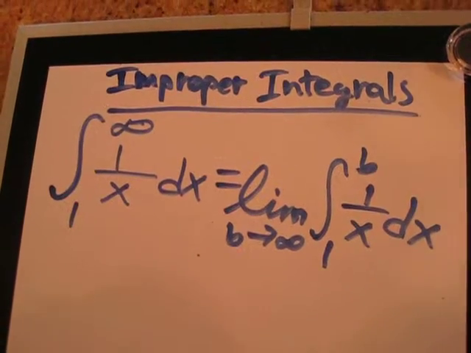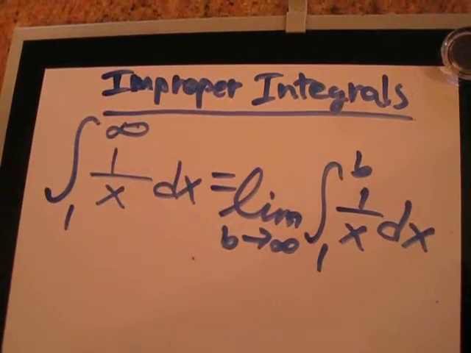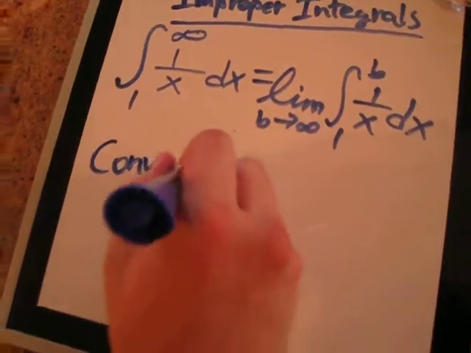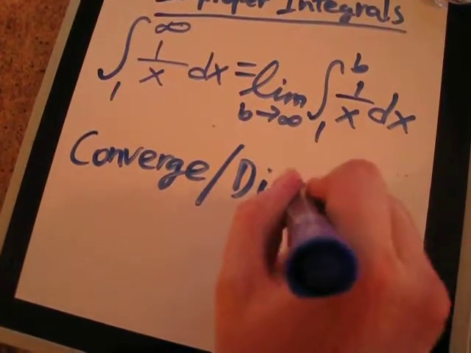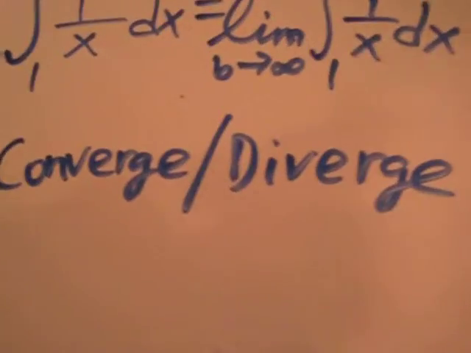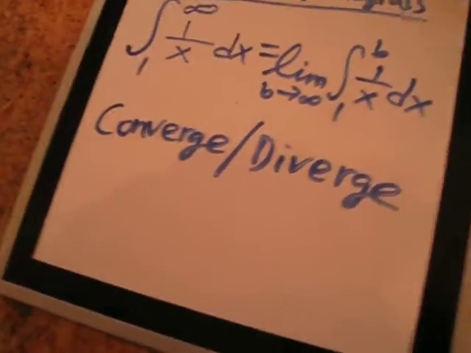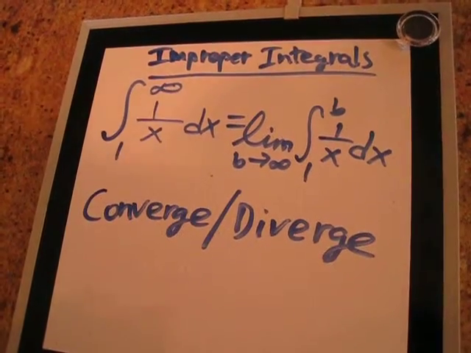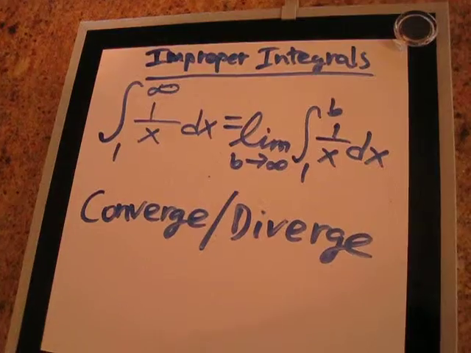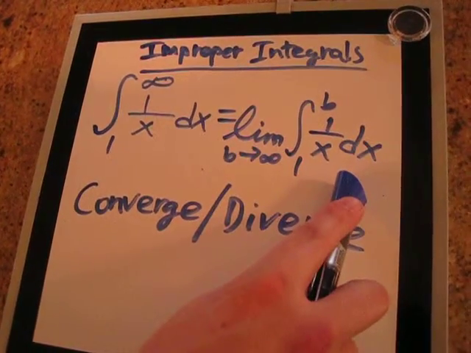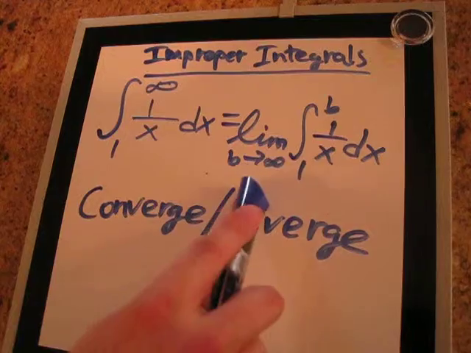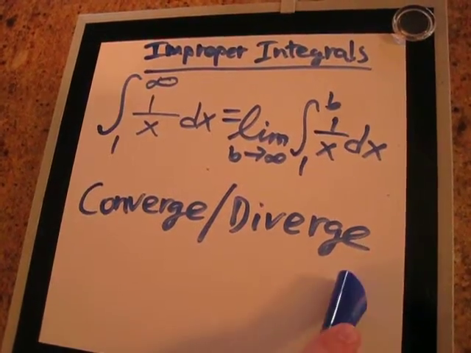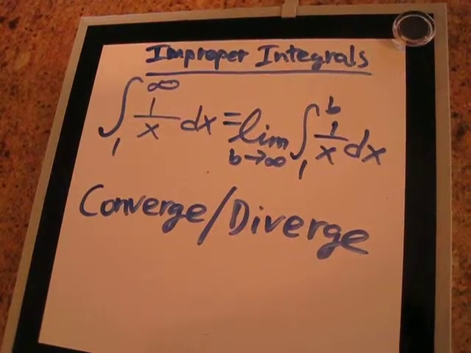And something about improper integrals that is important is they can either converge or diverge. Now, a convergent improper integral is an improper integral that actually is equal to a value, meaning after you integrate the integrand and apply the limit, you will get a defined number as an answer, whereas a divergent improper integral will be a form of infinity.